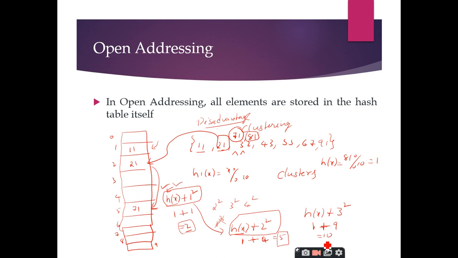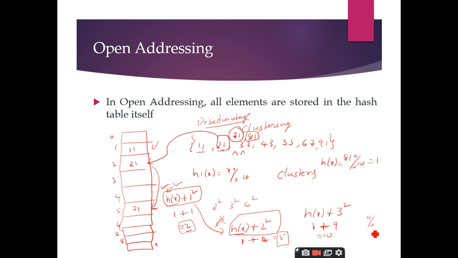Is there a 10 location here? No, sir. So I should probe that 10 location, but 10 is not present in the index range. So when I am moving out of the range of the array index, I can make them mapped into the index range by using the modulo division operator.